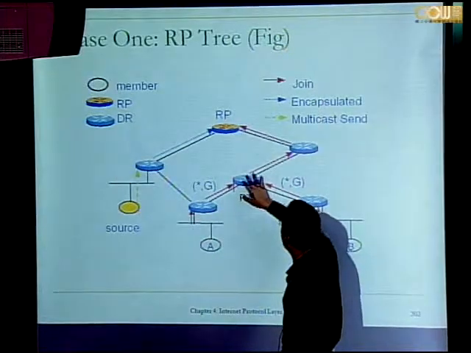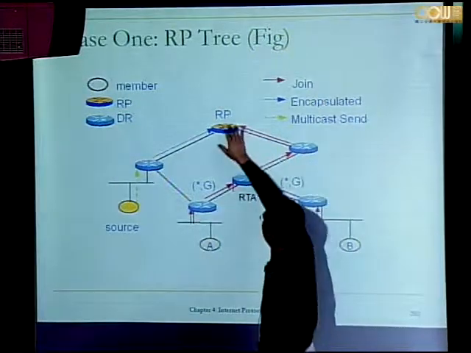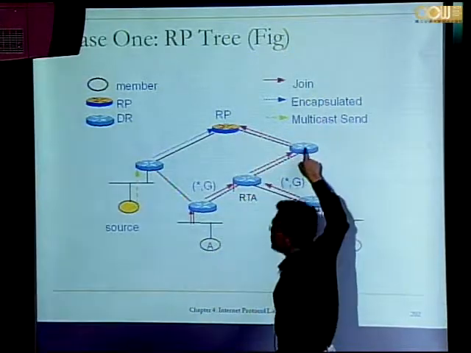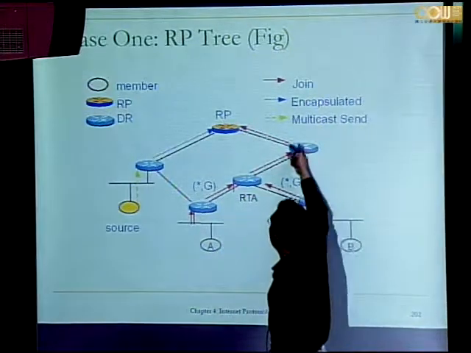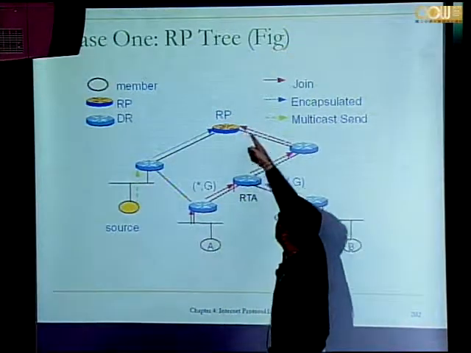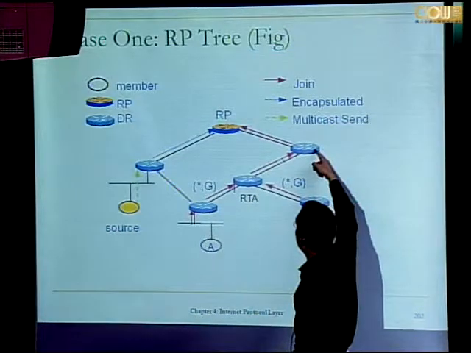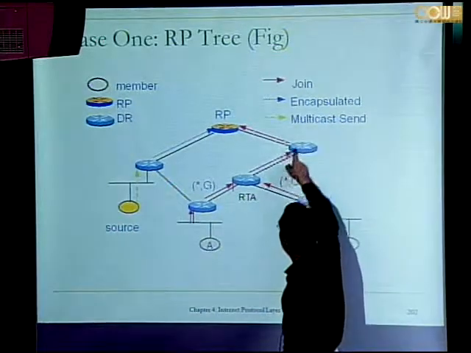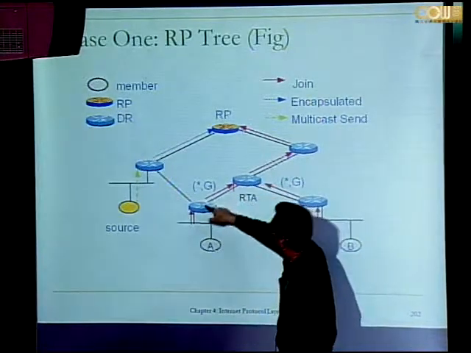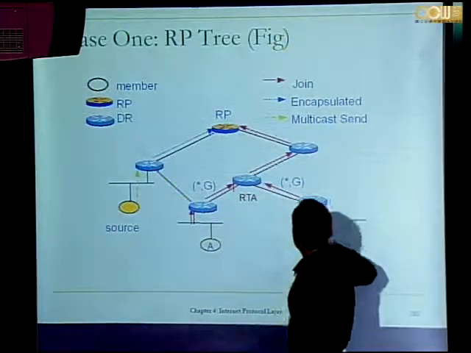So the RP knows there are members in this direction because some guy just sent me the join message. So I would decapsulate the packet and then send it here. And again, because they keep track of the join messages, it would be forwarded here and here.